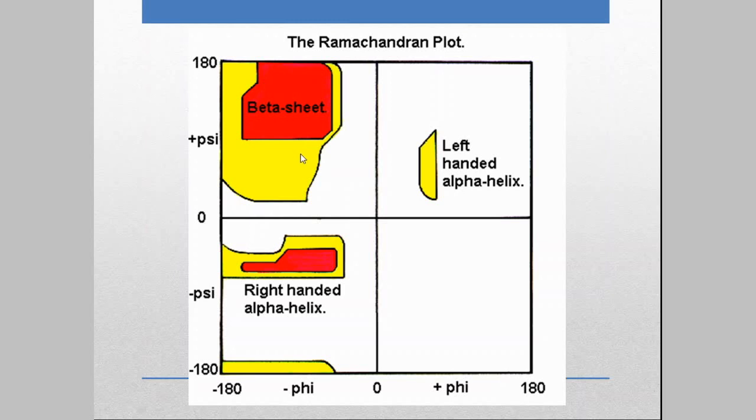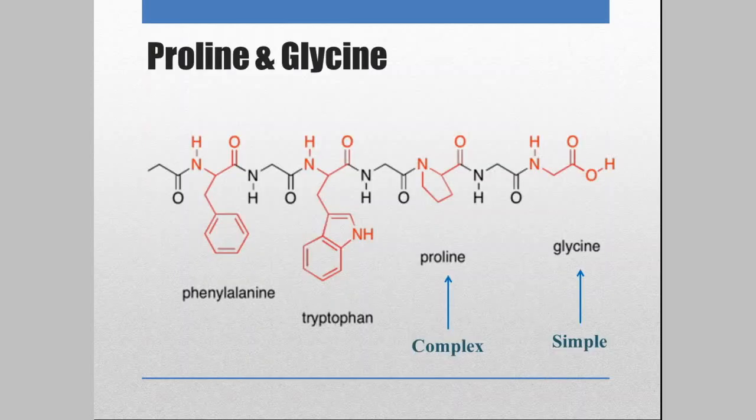As far as proline is concerned, you will see most prolines in these regions. So these are the two unique cases of proline and glycine. When we do the tutorial, you will be able to understand what I'm trying to say here.